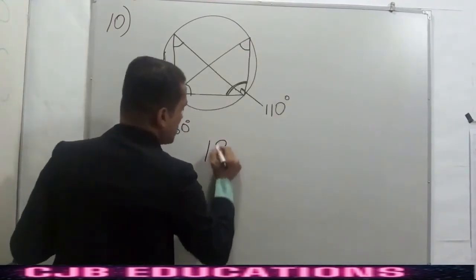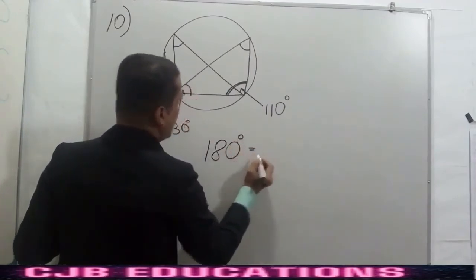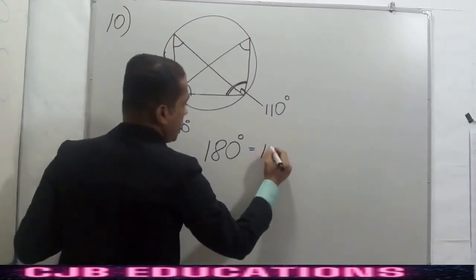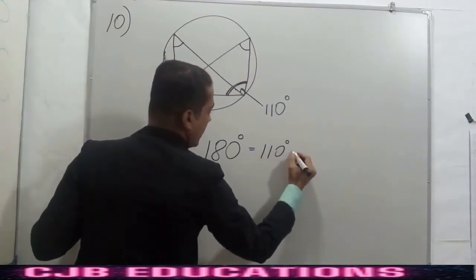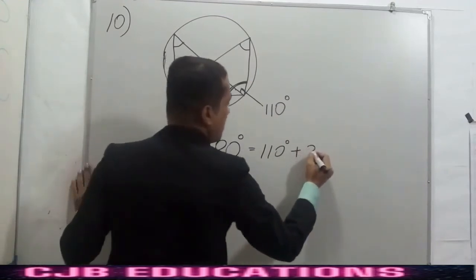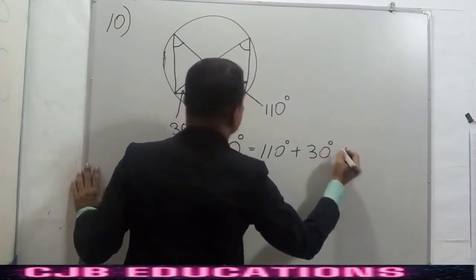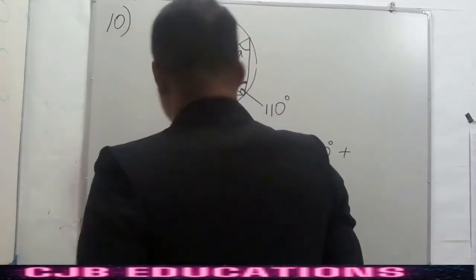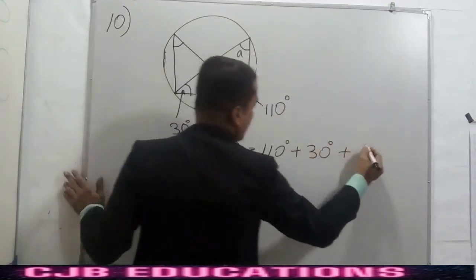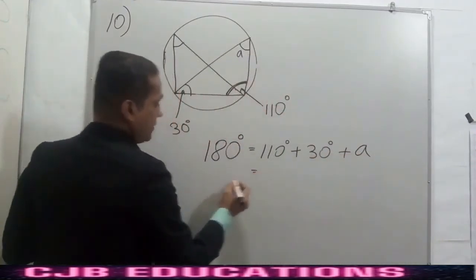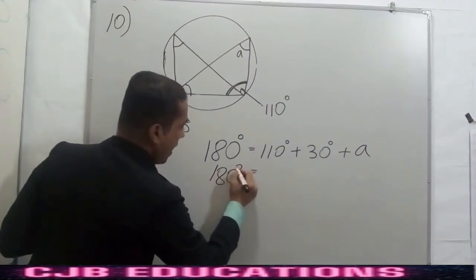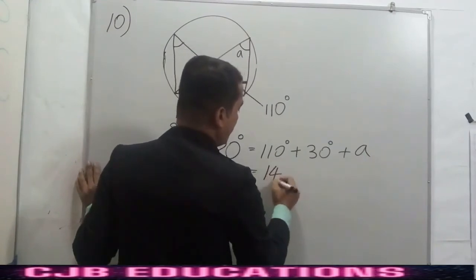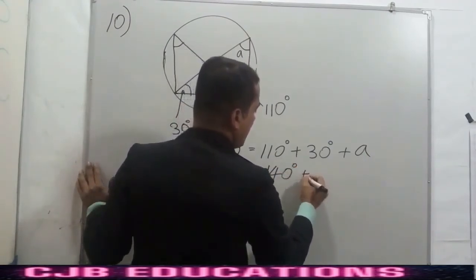We know 180 degrees equal to the sum of these three angles. Then we can write 110 degrees plus 30 degrees plus, if we call this a, we can write here a. 110 plus 30 is 140 degrees plus a.